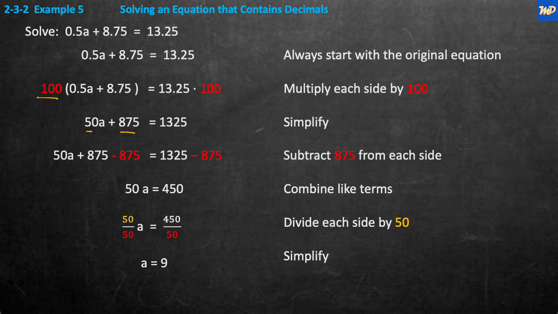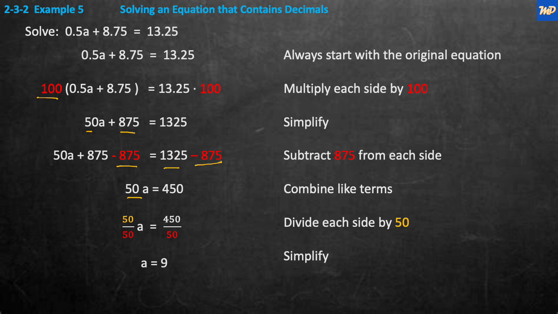So now we have 50a plus 875. We have to get rid of the 875, get it to the other side of the equation. So minus 875 is equal to 1325 minus 875, using the subtraction property of equality. Now we have 50a is equal to 450.